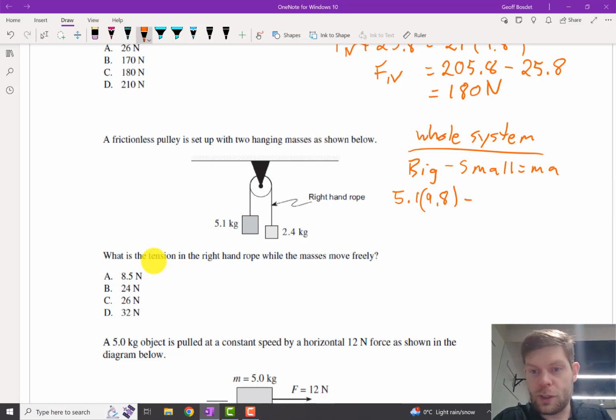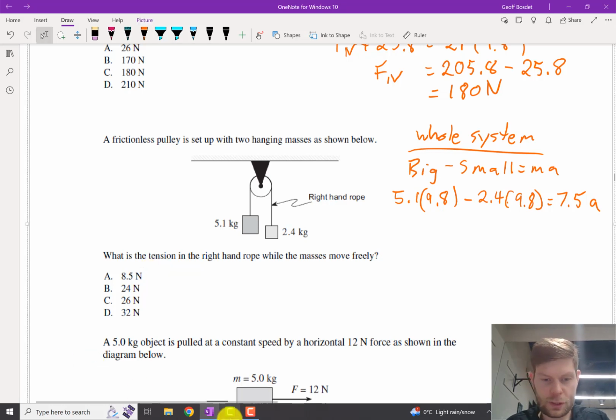The small force trying to move it backwards is gravity on the small mass. And we're doing whole system here, so we got to do whole mass. 5.1 plus 2.4 is 7.5 times a. If we do it this way, we end up with 2.7 times 9.8.